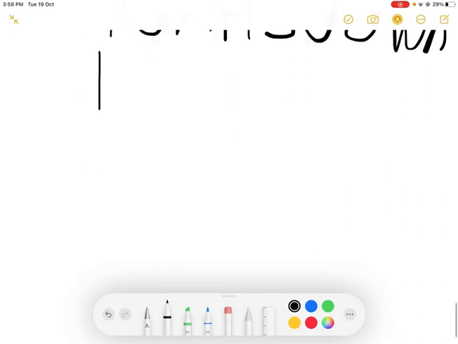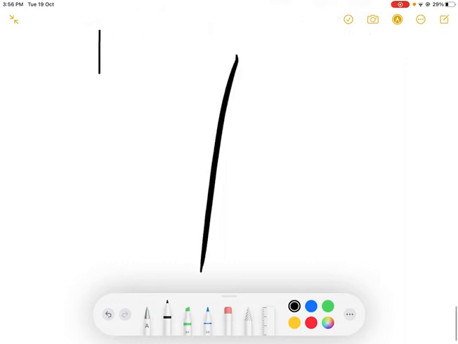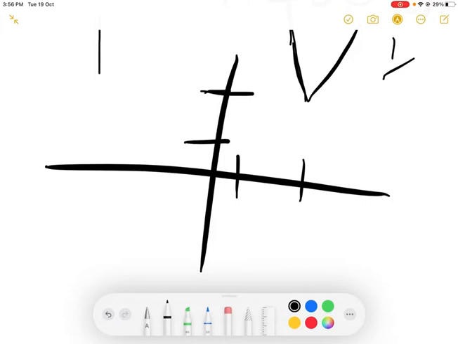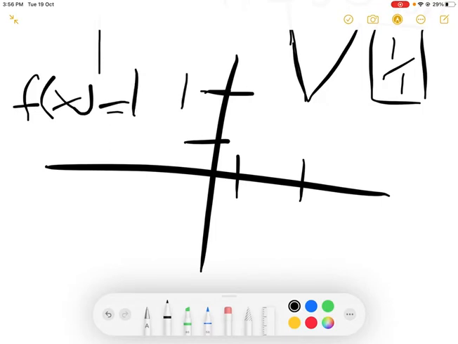Now I'm talking about translations and how to identify them. If you see an absolute value function that begins at this point, 2, 2, it has a normal slope. The slope is 1 on 1. So you know that the original function is f(x) = |x|.